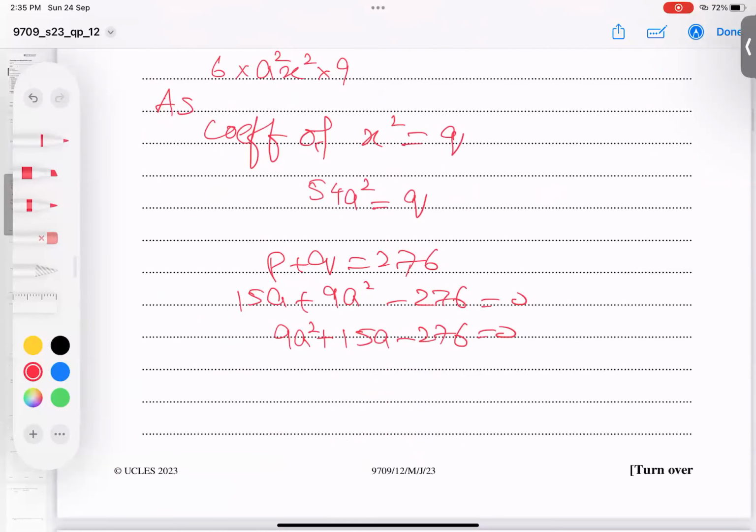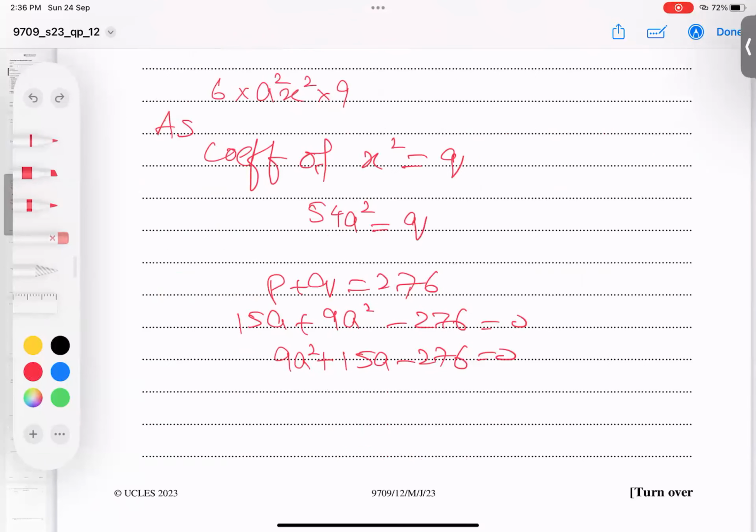And this is why I'm writing here 54. So I got 54a square. Okay, so I have it now, 54a square.